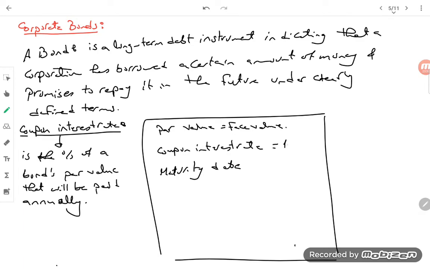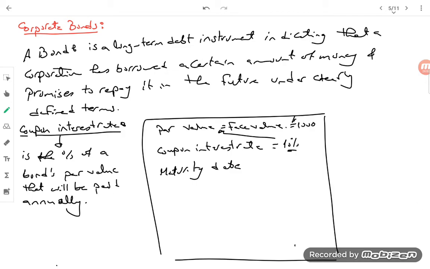So say for example it's 10%, so it's actually 10% of the par value or the face value. Let's assume it is 1,000. So annually the bondholder is going to get 1,000 multiplied by 10%. Okay, so this is the coupon interest rate.